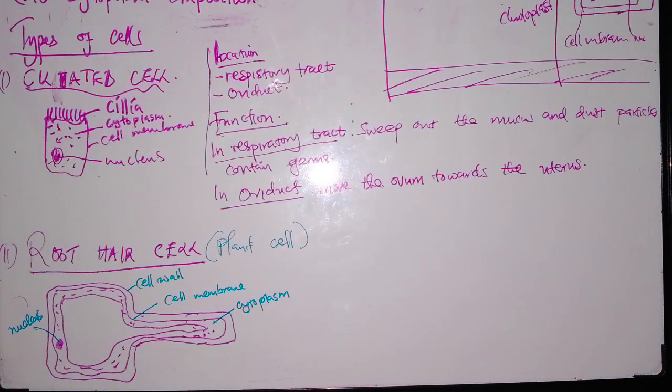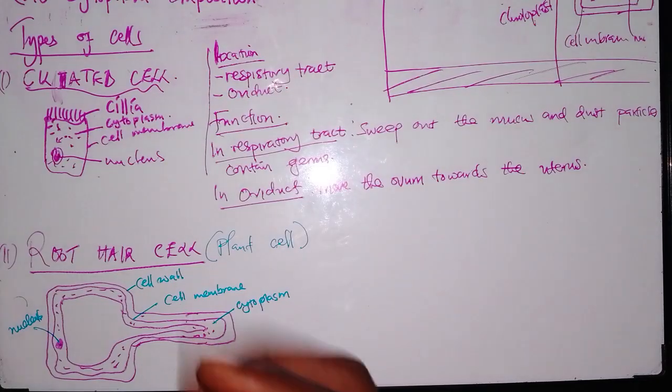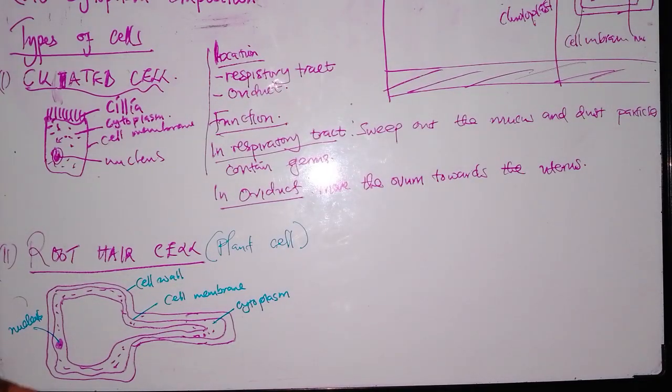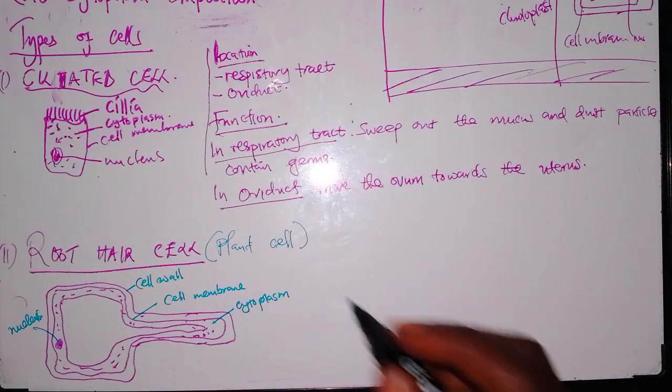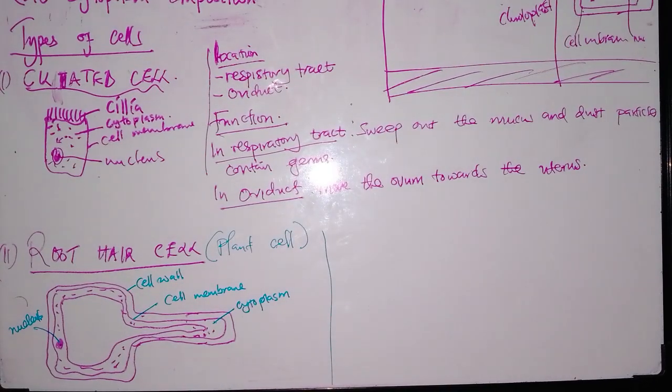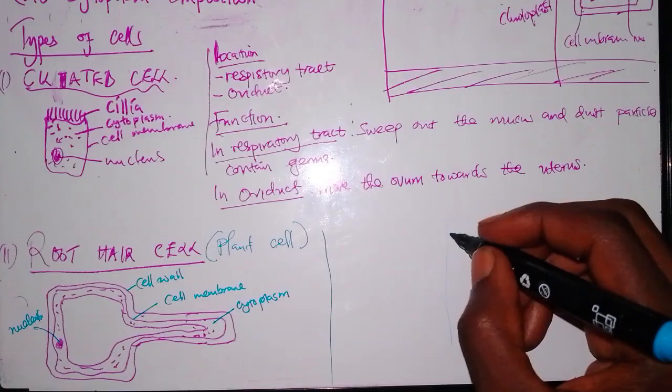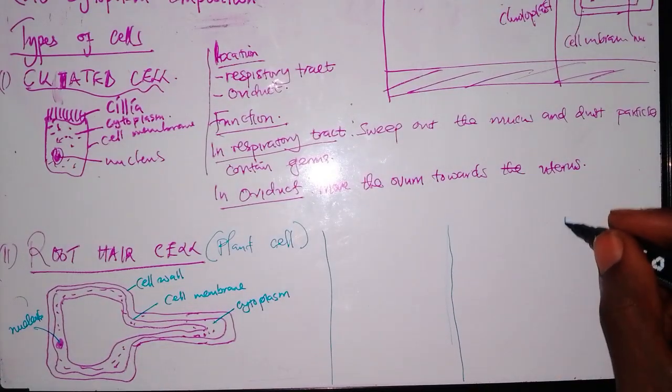If you have observed, when we compare a root hair cell and a normal plant cell, you can see that a root hair cell has the absence of chloroplast. The first thing we are going to discuss is the changes.